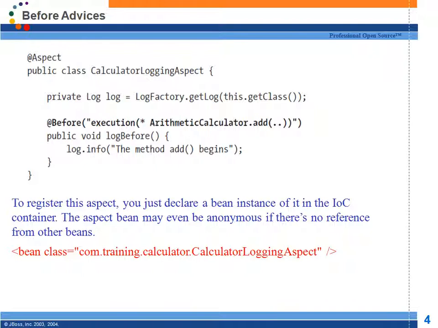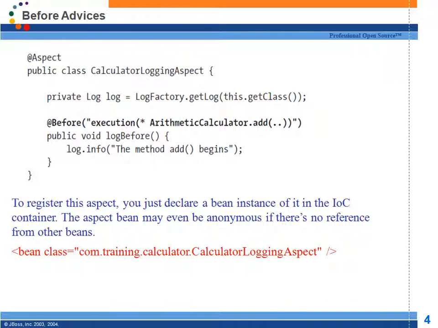Just write a class. Your class need not implement any interfaces like earlier. Just annotate it with Aspect. And this is the method. On top of the method, we can write any method. On top of the method, you have to annotate it with Before, and you have to specify the pointcut expression. Then that's all.